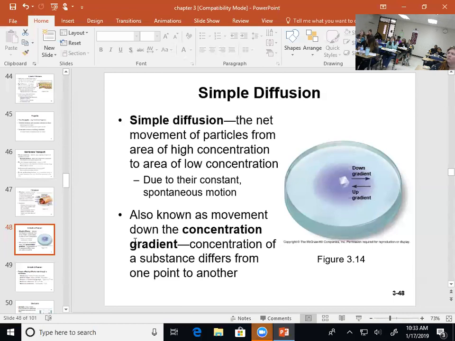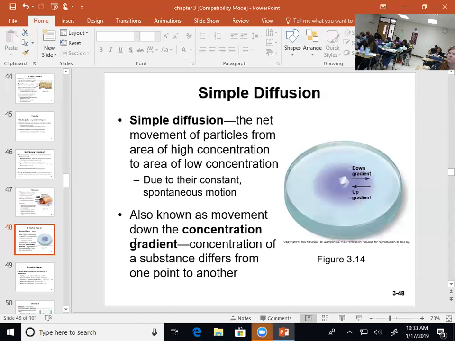So if there's a ton of water outside the cells and not as much compared inside the cell, where will water move? And will the cell be able to do a thing about it? So the cell's going to do what? The cell's going to change shape. And it might expand so much that it does what? Burst. Water moves down its concentration gradient, period, until it's equal between two areas of concentration. And there's nothing that living things can do about it.